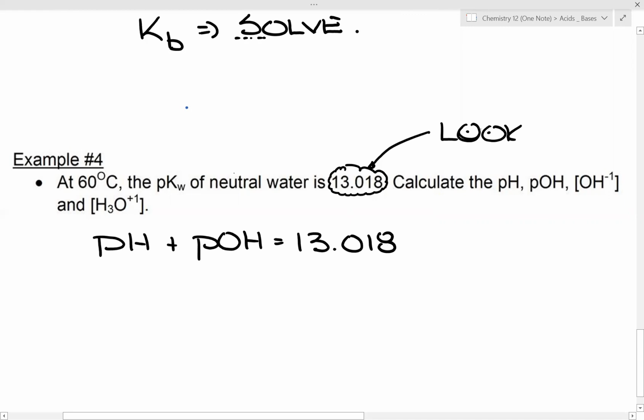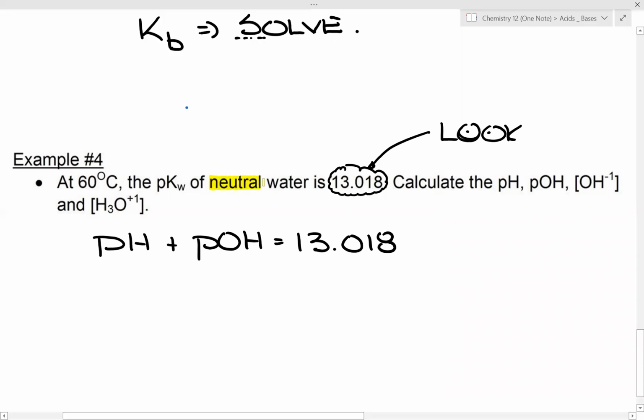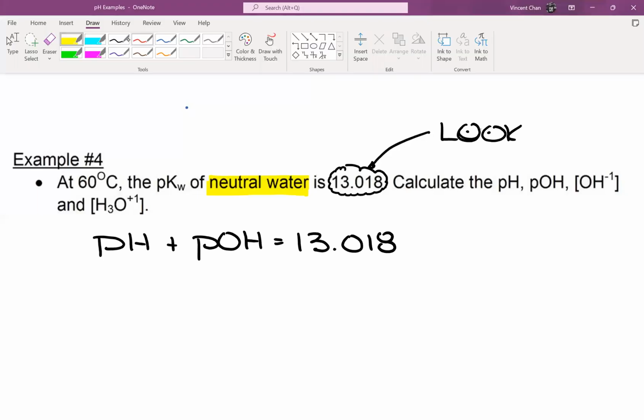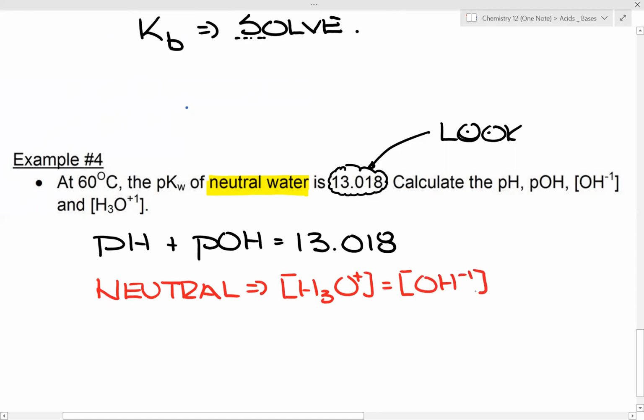Now, the second thing is, notice I use the words neutral water. When you have neutral water, what that means is the concentration of H3O⁺ is equal to the concentration of OH⁻, or the pH is equal to pOH.